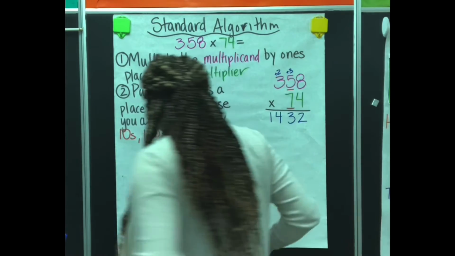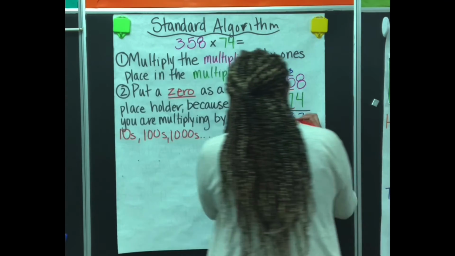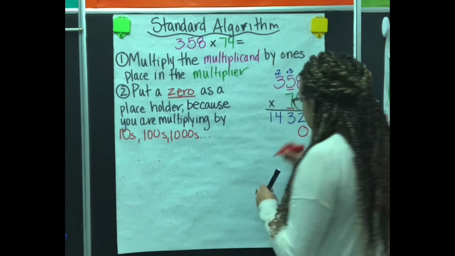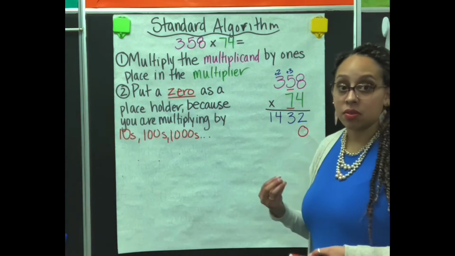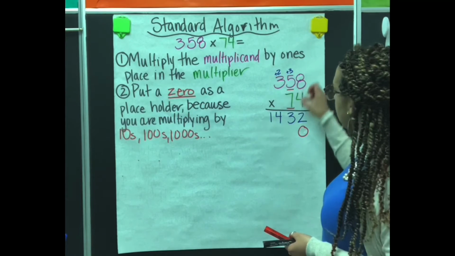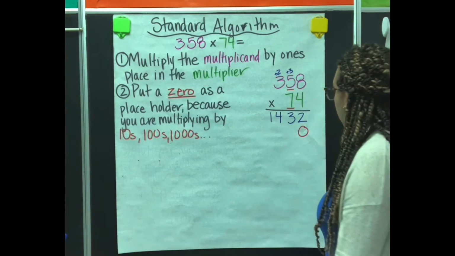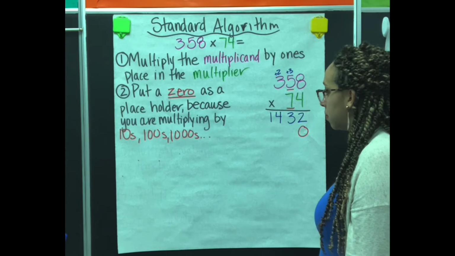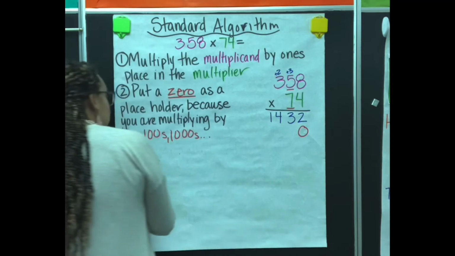So, we put a 0. We're going to put a 0 because when we start multiplying by 7, it's really 70. And so we have to have a 0 because we would multiply 0 times 8, 0 times 5, and 0 times 3, which equals 0. Yes, so that's what we are doing when we're putting 0.